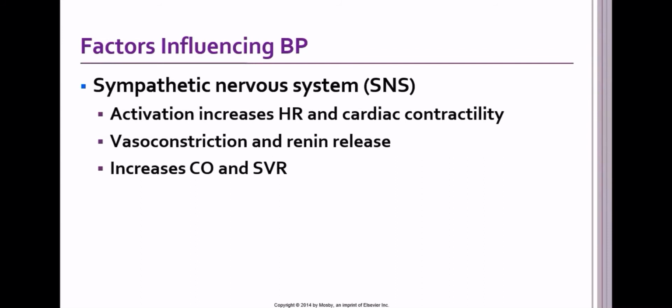Increased SNS activity increases heart rate and cardiac contractility, produces widespread vasoconstriction in the peripheral arterioles, and promotes the release of renin from the kidneys. The net effect of SNS activation is to increase blood pressure by increasing both cardiac output and SVR, also known as systemic vascular resistance.